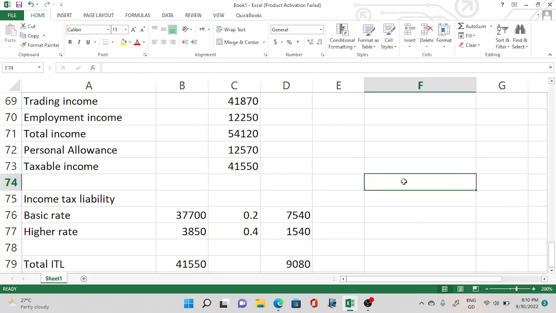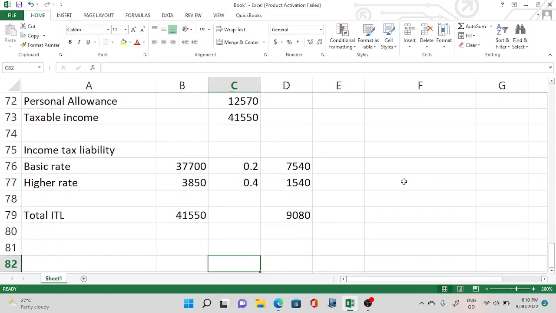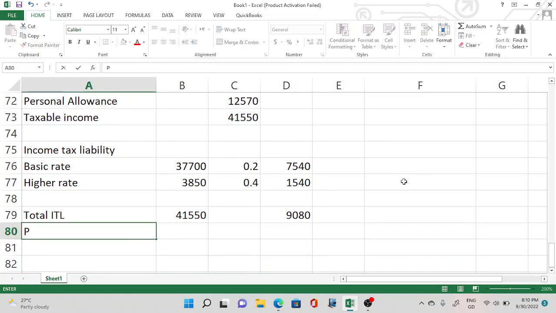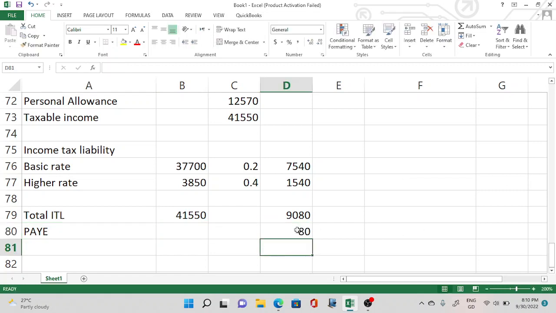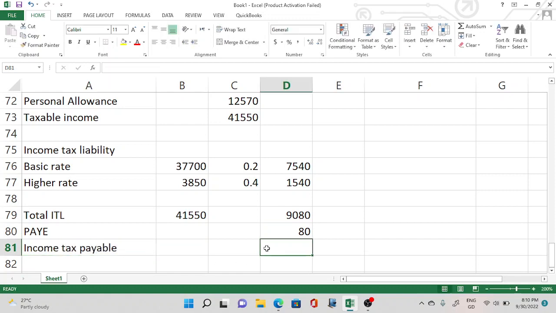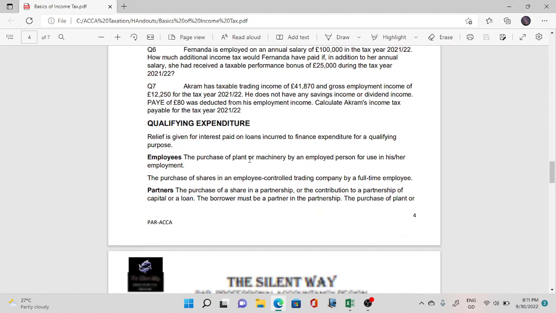Okay, so now you have found the total ITL, out of which you will deduct the PAYE that is given to you in the question, 80, and then you will get the income tax payable. Okay, 9,000. This is the tax actually you will be paying.